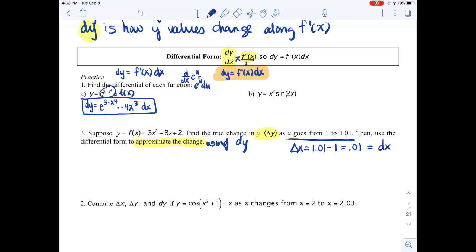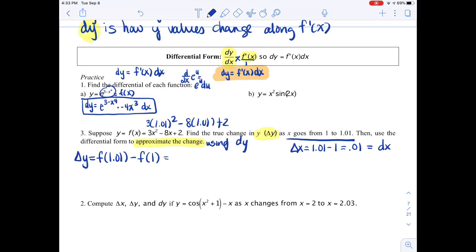Okay. So let's start with the true change in y. So in my calculator, I'm going to do f of 1.01, and I'm going to subtract from it f of 1. Imagine trying to do this by hand. You'd have to do 3 times 1.01 squared minus 8 times 1.01 plus 2.